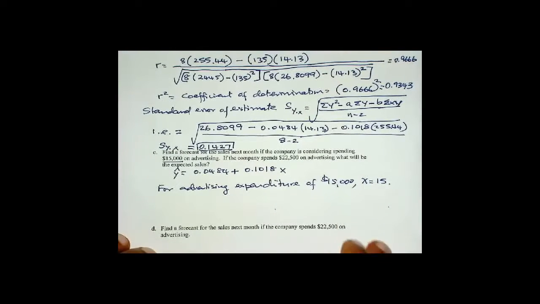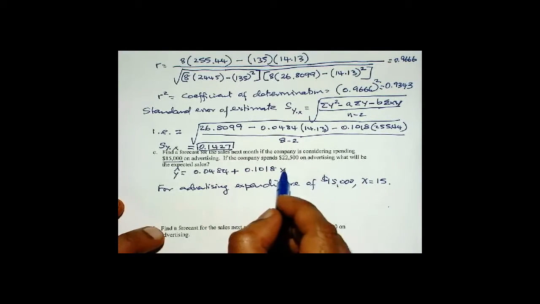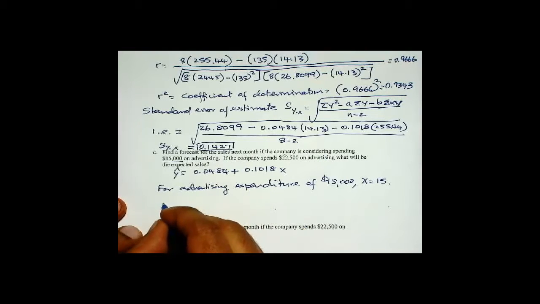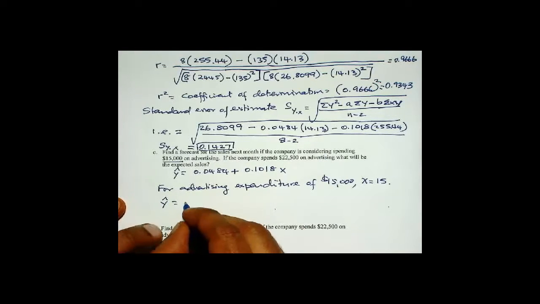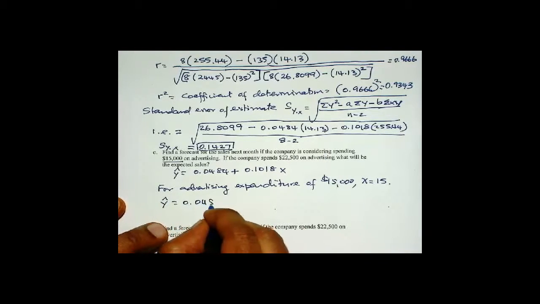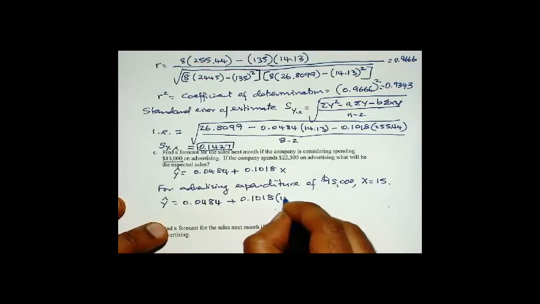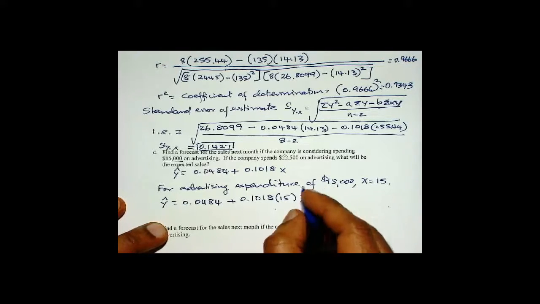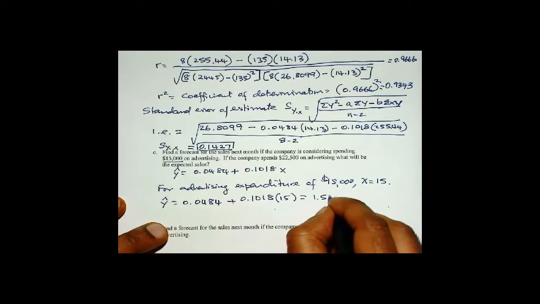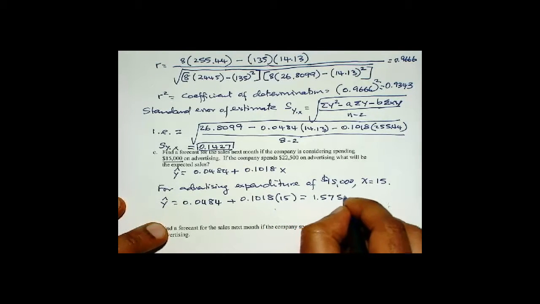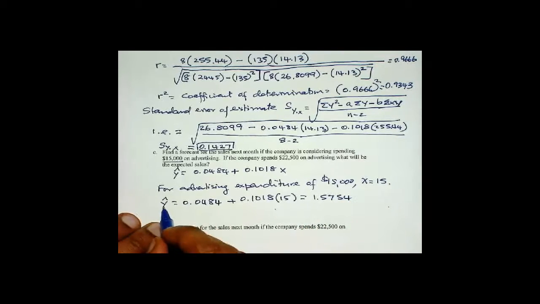If you put 15,000 into x, then you will get the wrong answer. So then y hat is 0.0484 plus 0.1018 times 15. So that will give us 1.5754. That's y hat, but we want the expected sales.